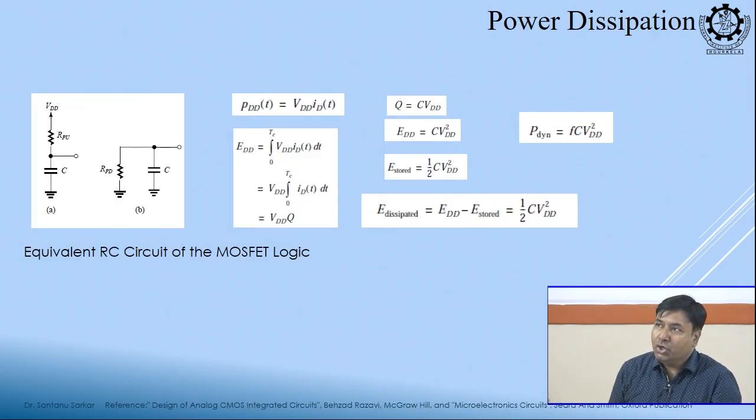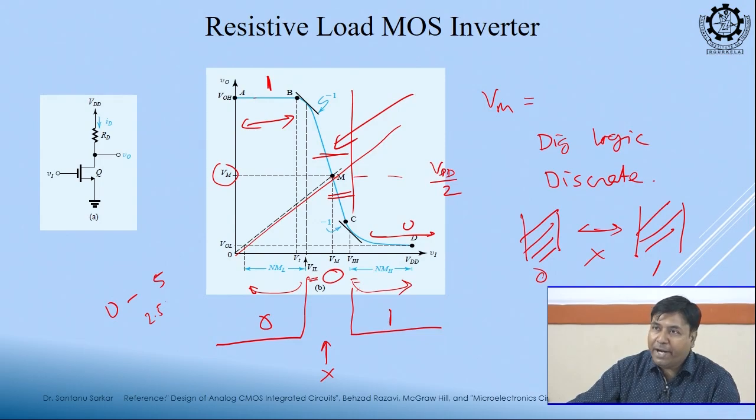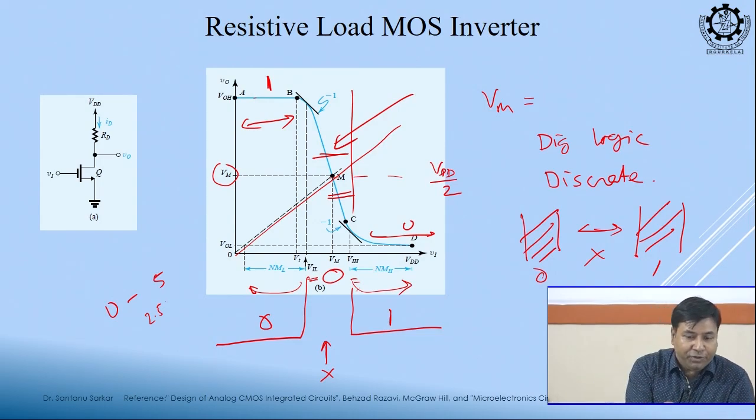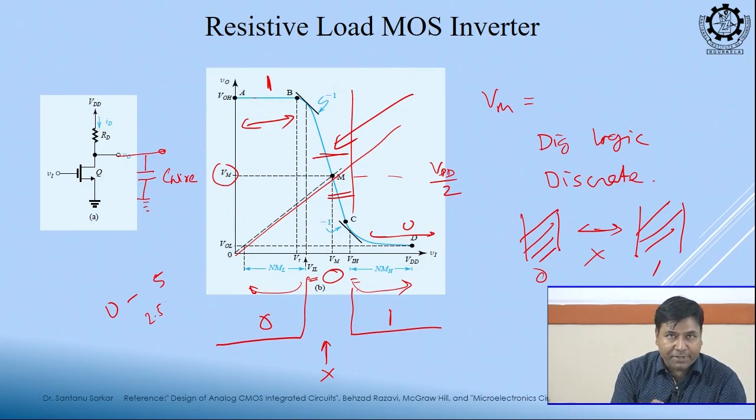Right. So, we all know that this MOSFET has some parasitic capacitance. If we think about this node, it may have some parasitic capacitance, because there is a dielectric oxide region and so on.